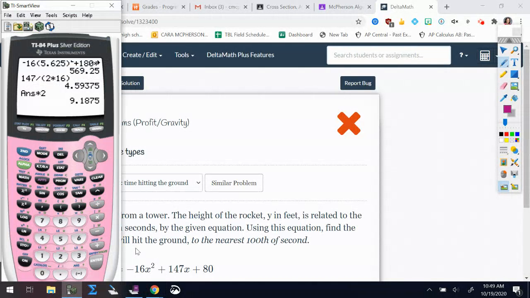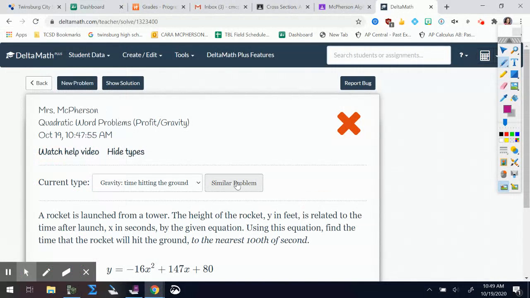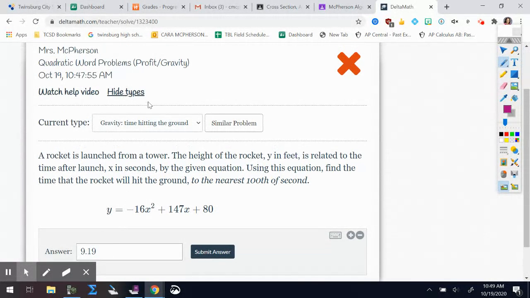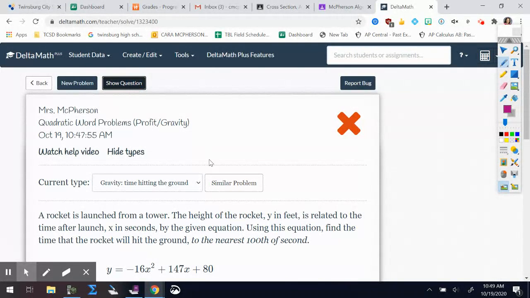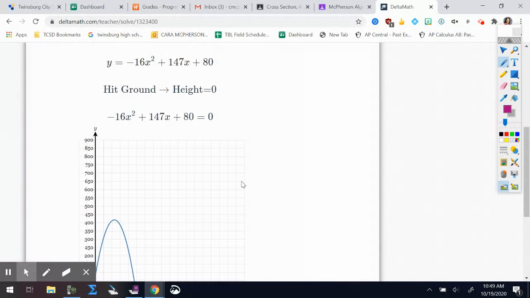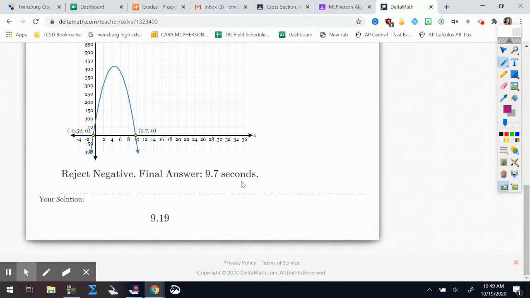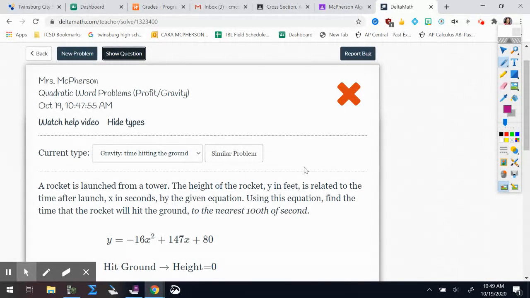So 2 times that, doubled it. Let me see a similar one. 9.7. I guess I rounded wrong.